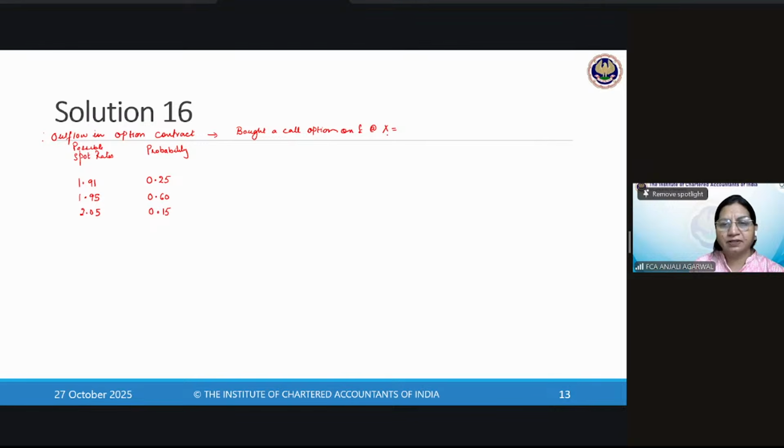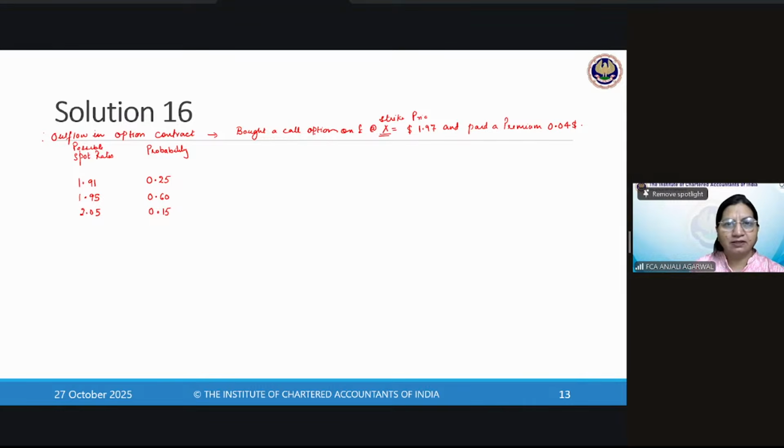You can write it completely in the exam, or if you're writing for the first time, X, you have to say that X denotes the strike price, $1.97, and paid a premium of $0.04. Okay.